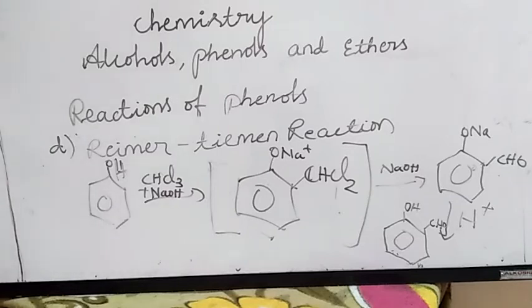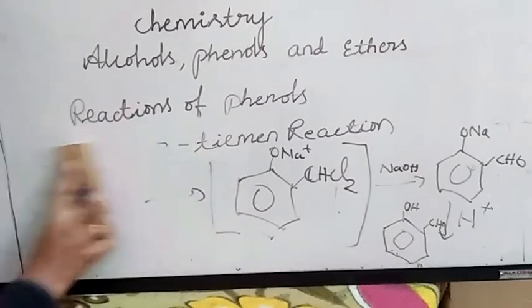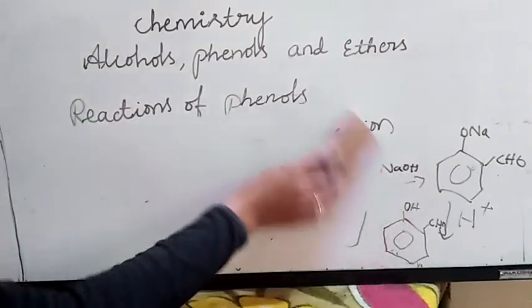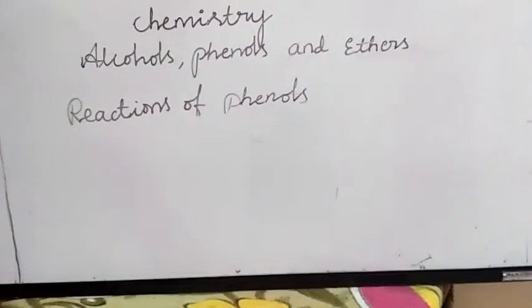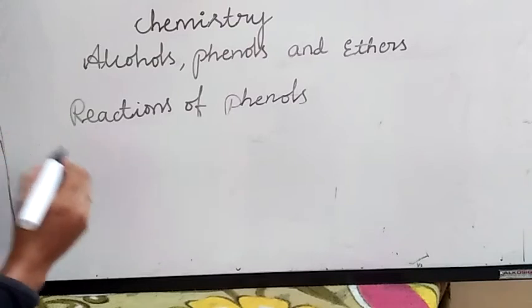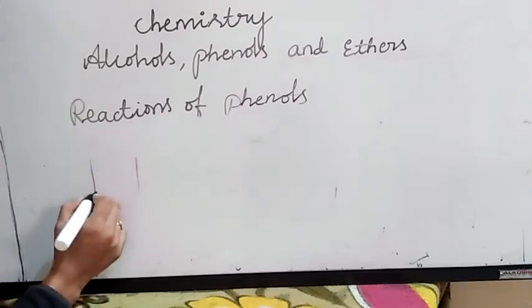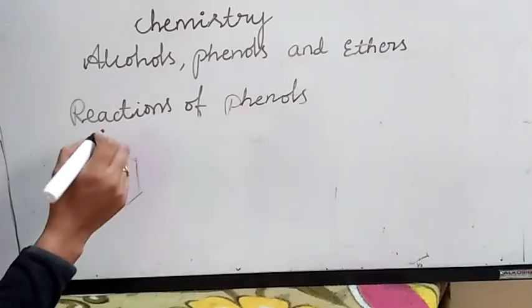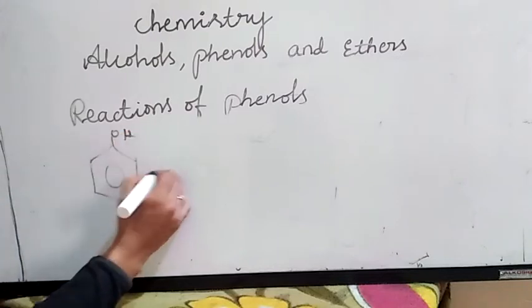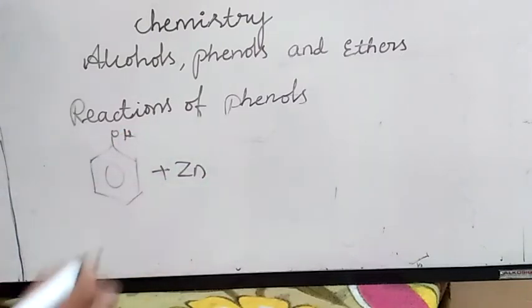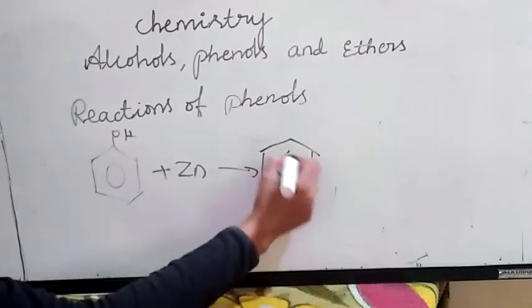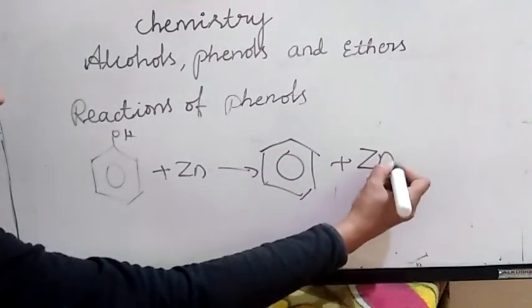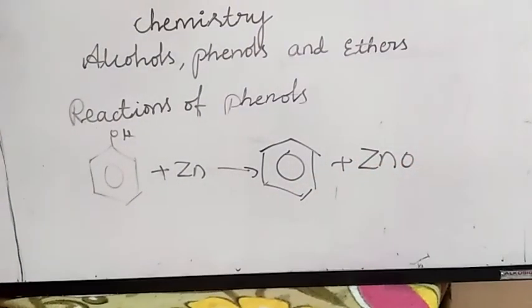The reaction of phenol with zinc dust. What will happen when phenol reacts with zinc dust? Two marks question, repeated question, or 1 mark question. Phenol is going to convert to benzene with ZnO, zinc oxide.